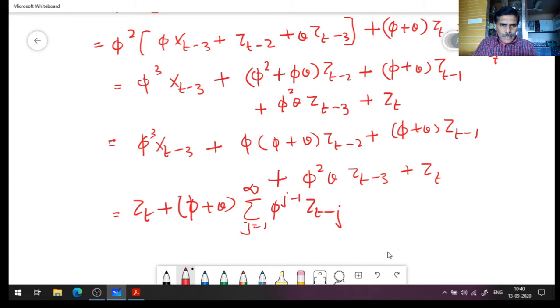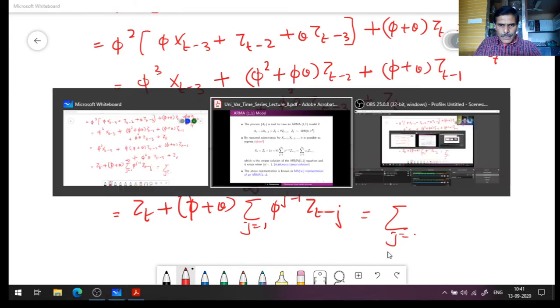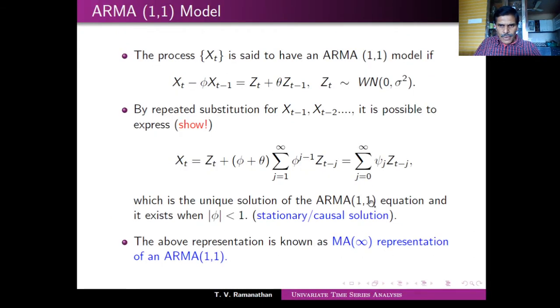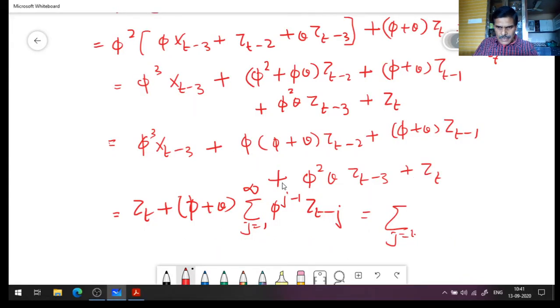Okay, so ultimately this whole thing can be written as summation j equal to 0 to infinity, because there is a zt, psi j zt minus j. Psi j, you have to pick the terms from here. This all together will form psi naught, psi 1, psi 2.